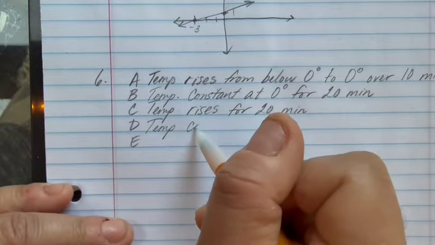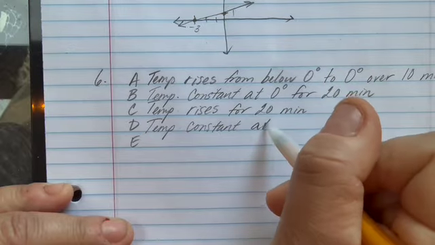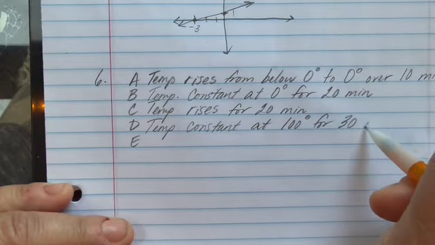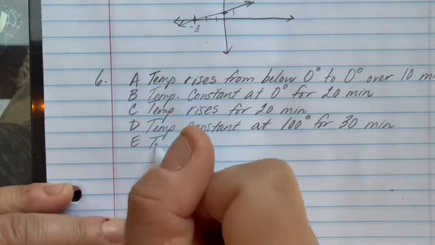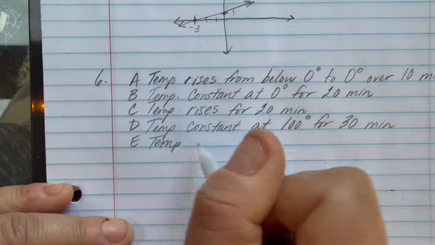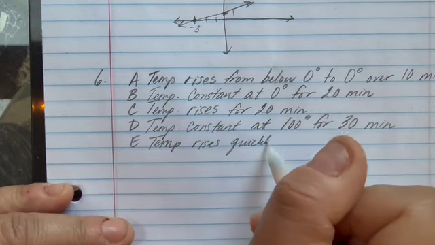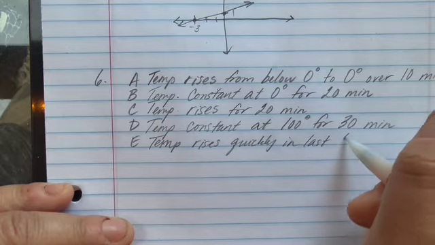The temperature stays constant, so it's holding at 100 degrees for 30 minutes. That's how long that segment was. And then the final segment, the temperature rises quickly in the last 10 minutes.